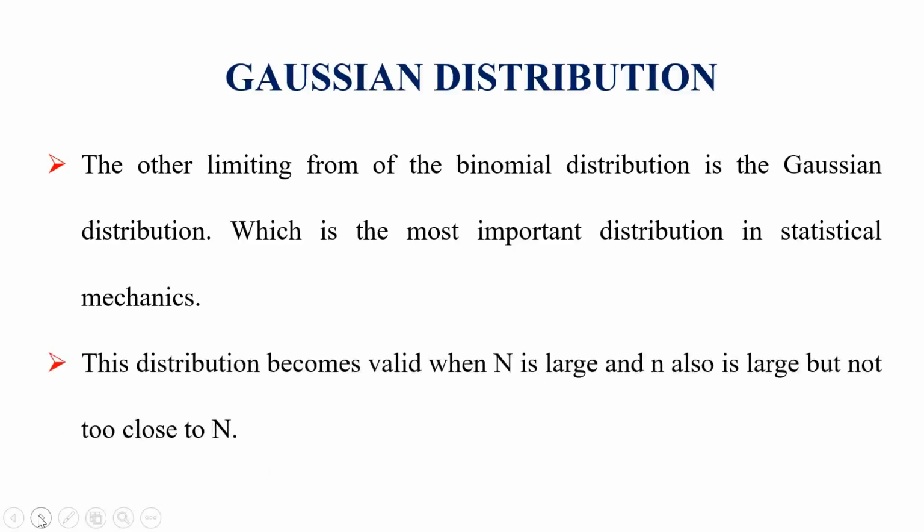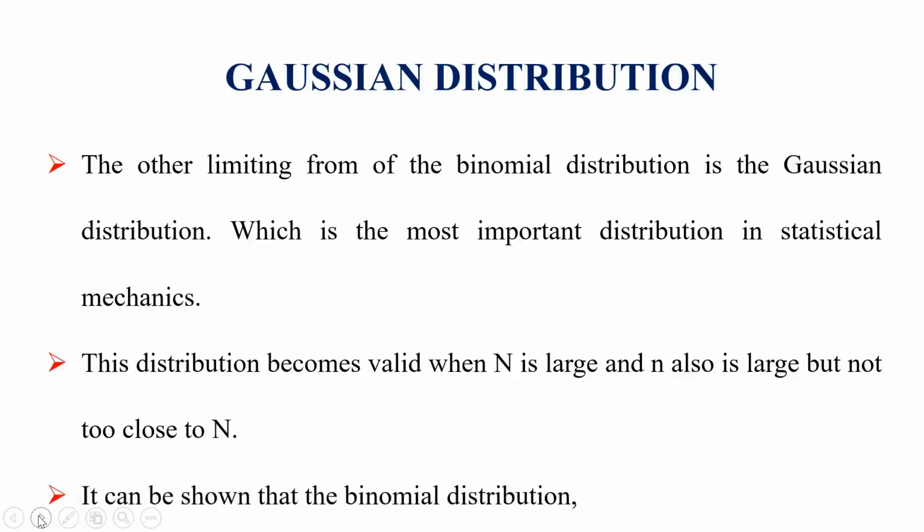This distribution becomes valid when capital N is large and small n is also large, but small n is not too close to capital N. This distribution is known as the Gaussian distribution.